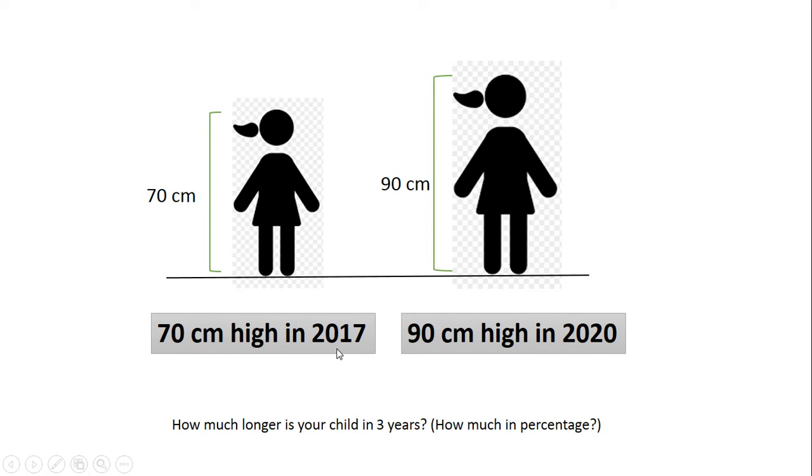In the year 2017 your child is 70 centimeters, and in the year 2020, after 3 years, your child is 90 centimeters. We want to know how much longer she is in percentage.